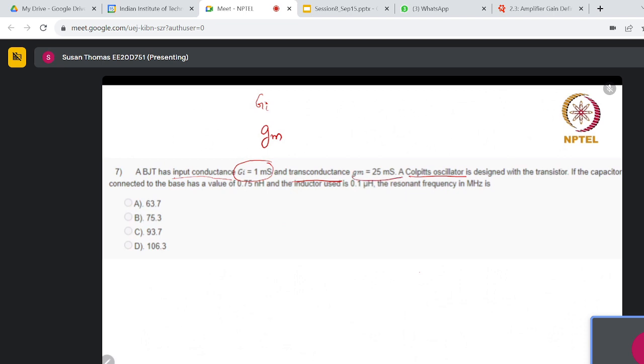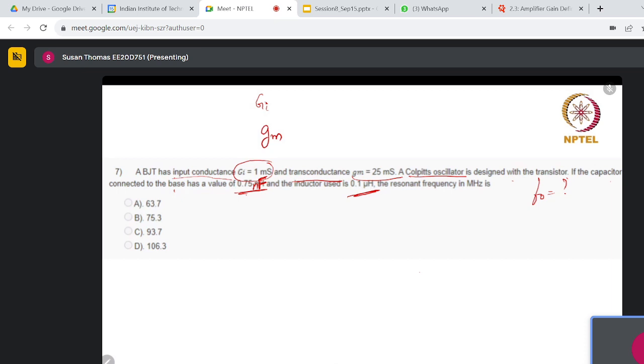The Colpitts oscillator has a capacitor connected to the base with a value 0.75 nanofarad. Please correct this, read it as 0.75 nanofarad. The inductor used is 0.1 microhenry. The question is about the resonant frequency F0 in megahertz.